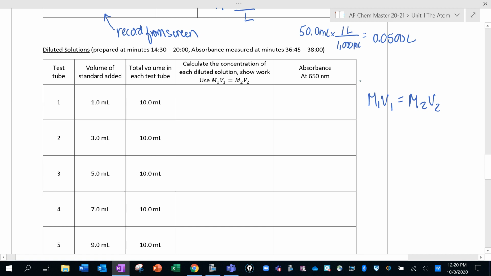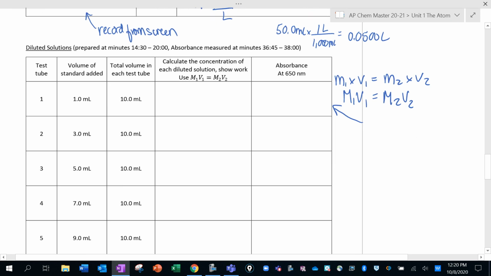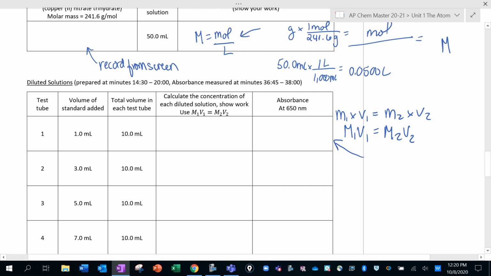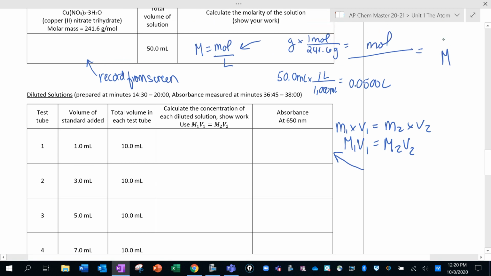That means the initial molarity times the initial volume equals the final molarity times the final volume. Looking at our first one, the initial molarity is whatever you calculated up here. Your answer to this calculation is M1, your initial molarity.